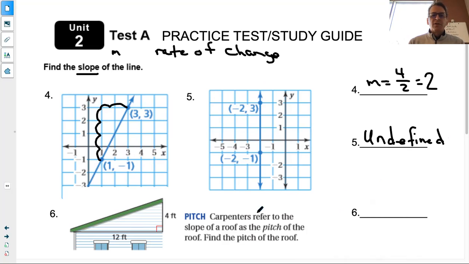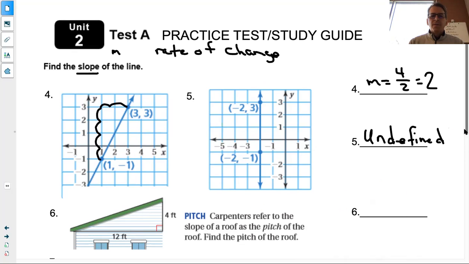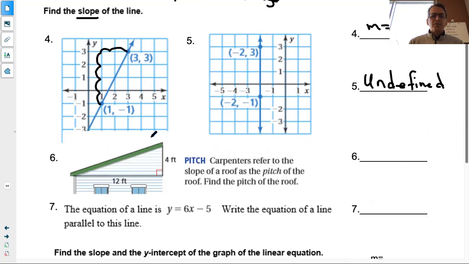Number 6, we have a little cross section of a home here, and you can see it's a roof. The pitch of a roof is the same as slope. We've talked about this before in our classes. So as it says, carpenters refer to the slope of a roof as the pitch of the roof. Find the pitch of the roof.